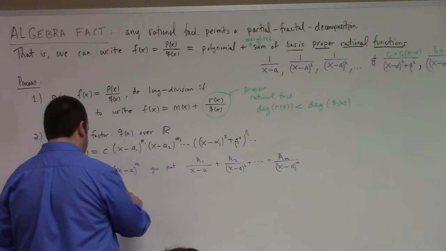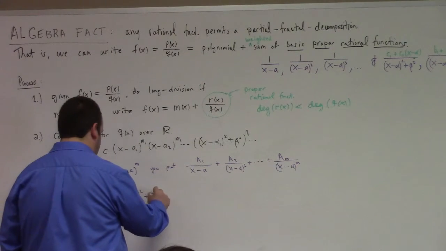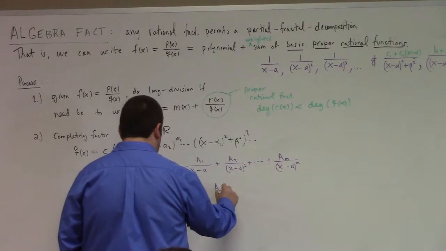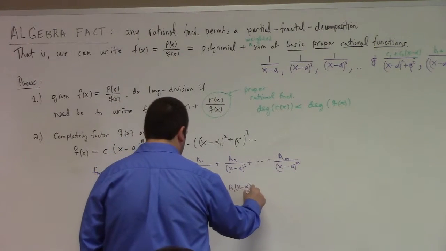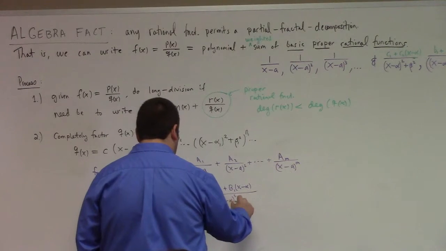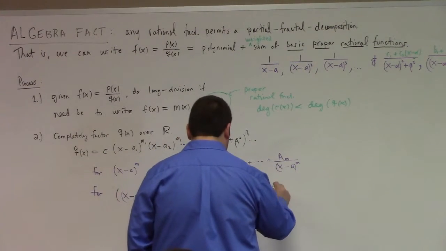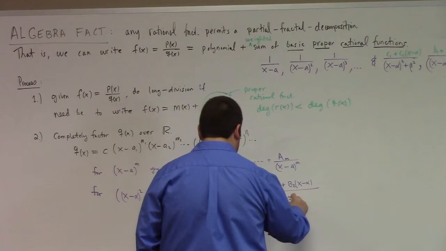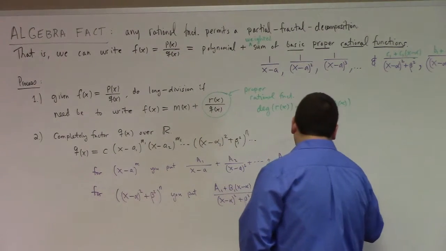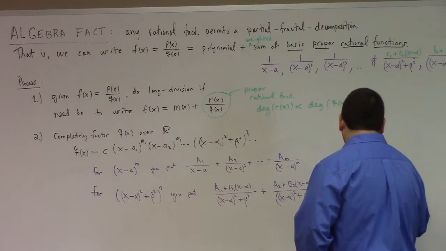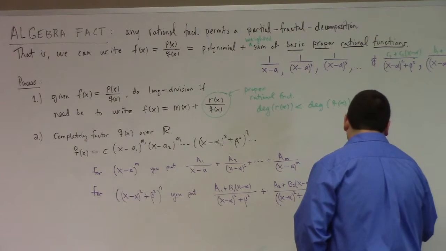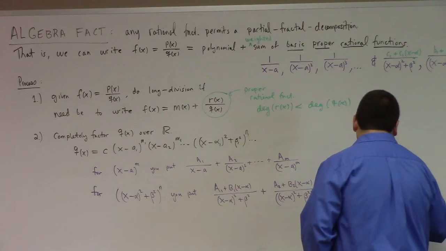For the quadratic, if I have x minus alpha squared plus beta squared to the n power, you put a1 plus b1 times x minus alpha, divided by x minus alpha quantity squared plus beta squared, plus a2 plus b2 times x minus alpha, divided by x minus alpha squared plus beta squared quantity squared, plus and so on, plus a sub n plus b sub n times x minus alpha over x minus alpha squared plus beta squared, this time to the nth power.